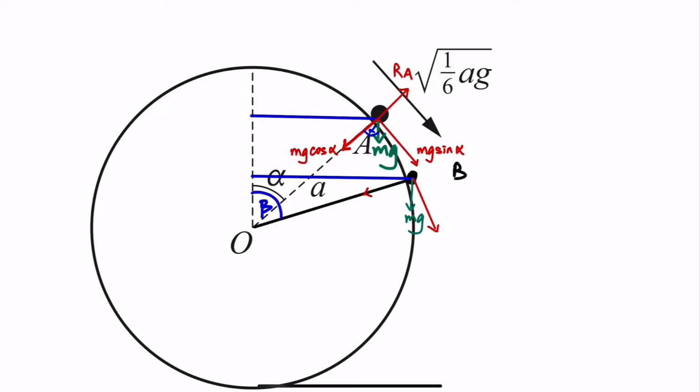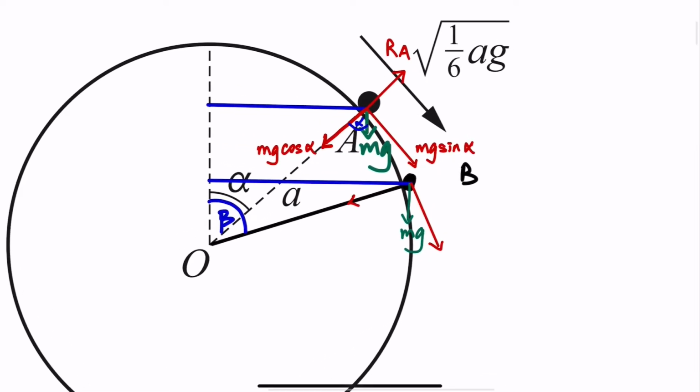So for point B, this angle would be beta, and therefore the force towards the center of the circle would be mg cos beta, and the force that is tangent to the circle would be mg sin beta.